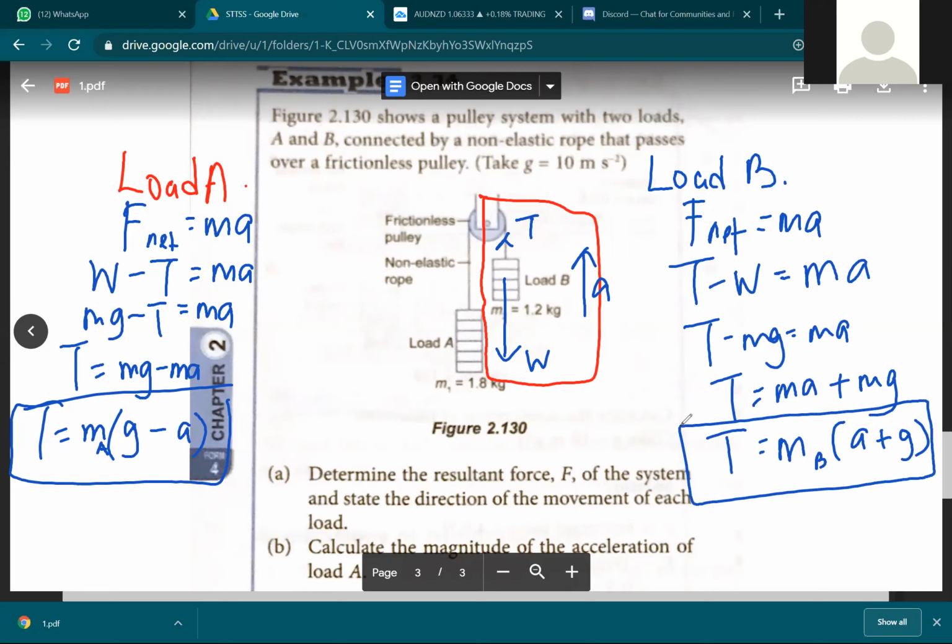This is the equation of motion for load B. And these two T, they are the same value. Finish. Understand now?